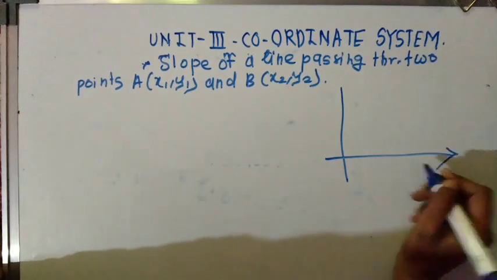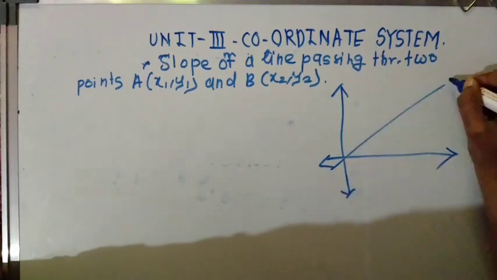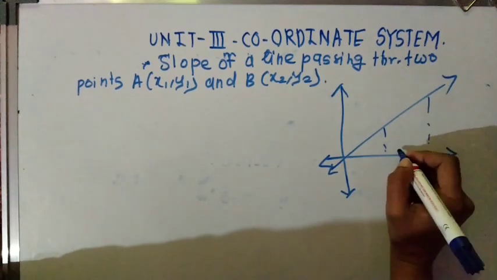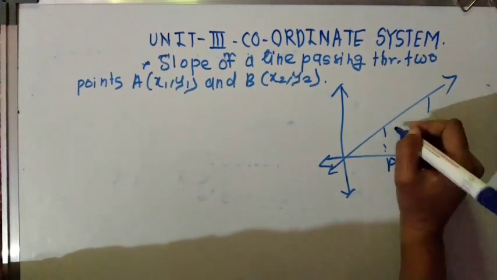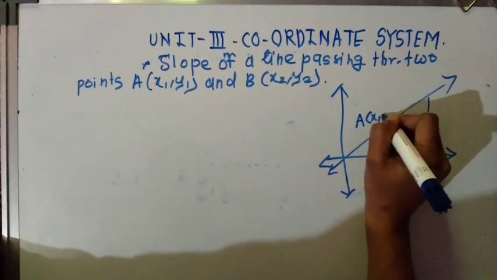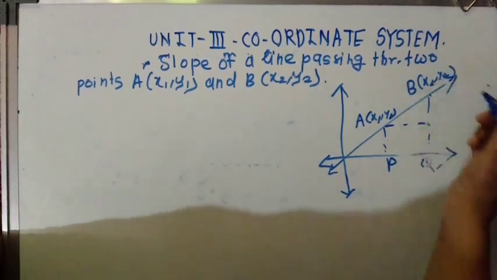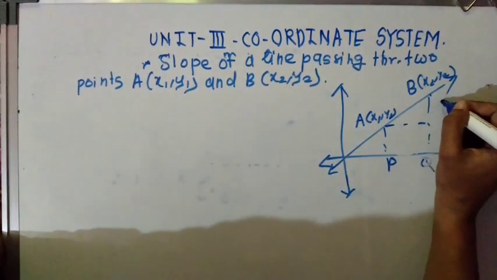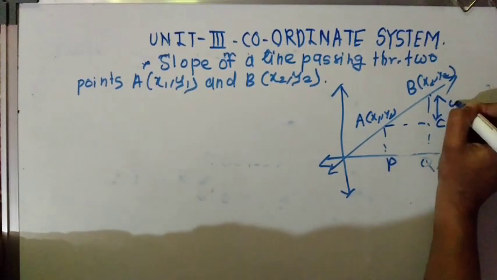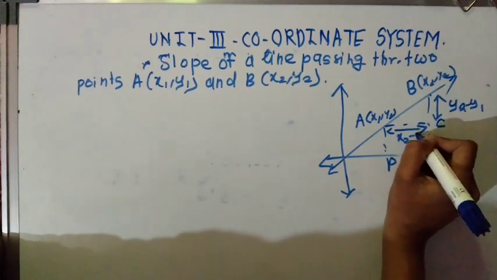Suppose first we draw this diagram. This is P, this is Q, and this is A (x1, y1) and this is B (x2, y2). Then this is C, this distance is y2 minus y1 and this distance is x2 minus x1.